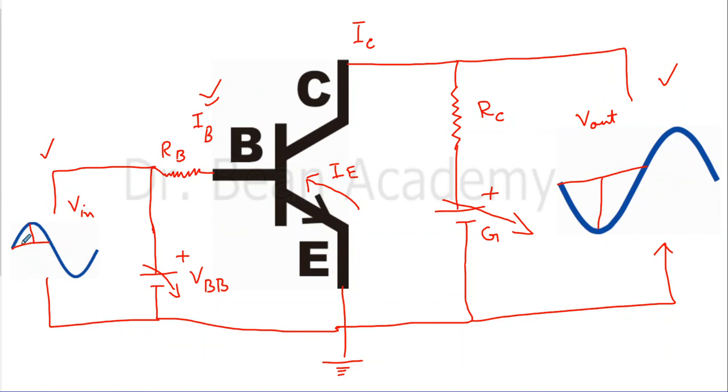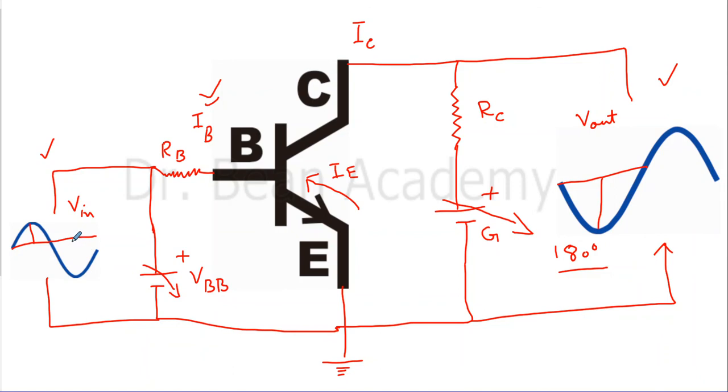But it seems like for the positive half cycle at the input, I get a negative half cycle at the output, and for the negative half cycle at the input, I get a positive half cycle. So although the signal is amplified, it is 180 degrees out of phase.